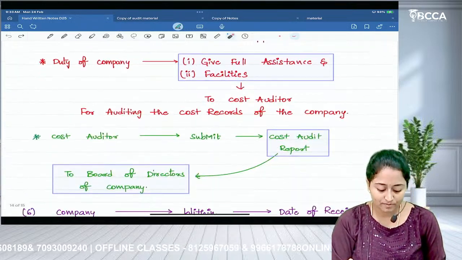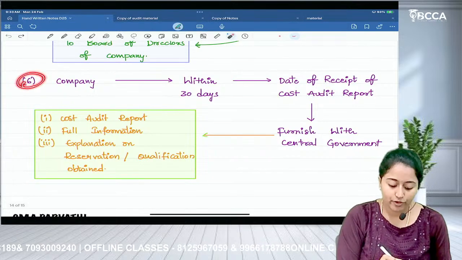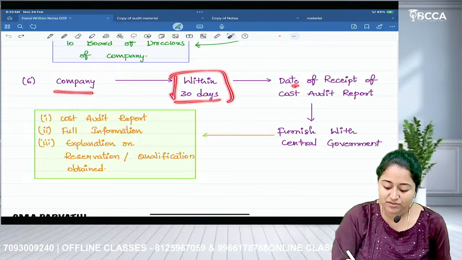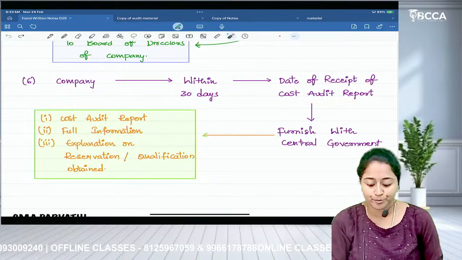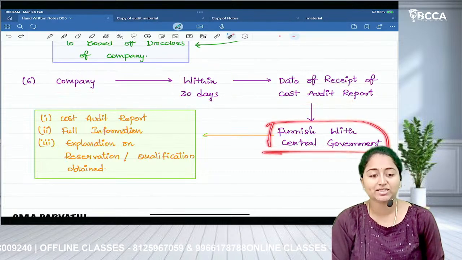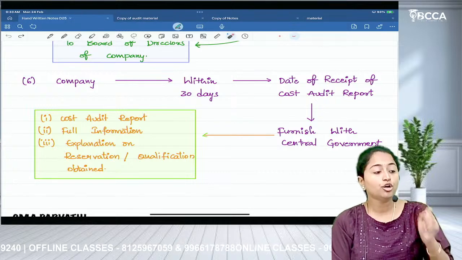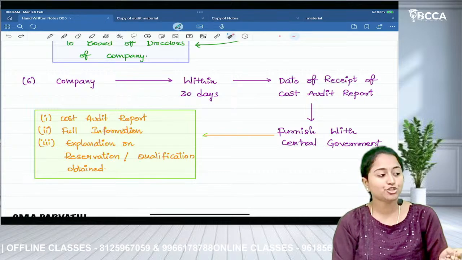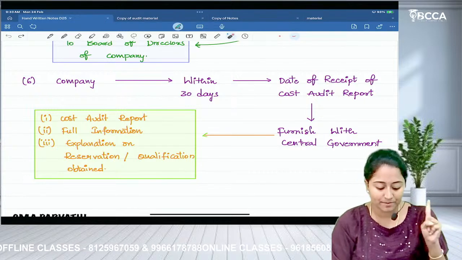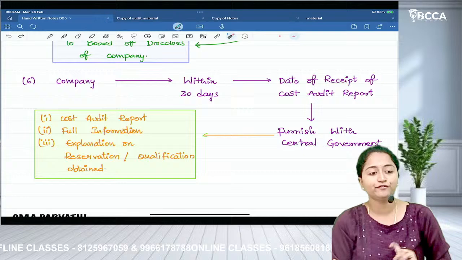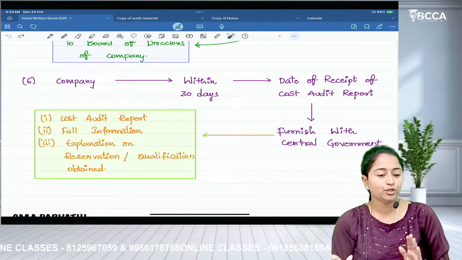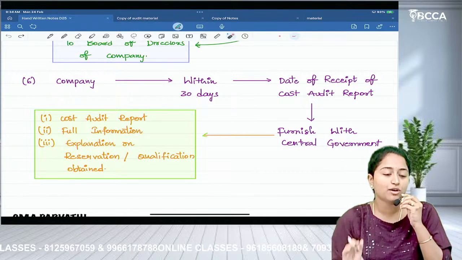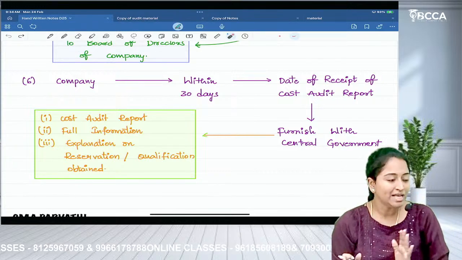Clear? Now, coming to 148 subsection 6. The company, within 30 days from the date of receipt of the cost audit report, shall furnish it to the central government. Not only giving the cost audit report is important, that cost audit report has to be furnished to the central government with full information, like what all is included in that cost audit report. Regarding that, relevant information also has to be filed in a proper form and statement.